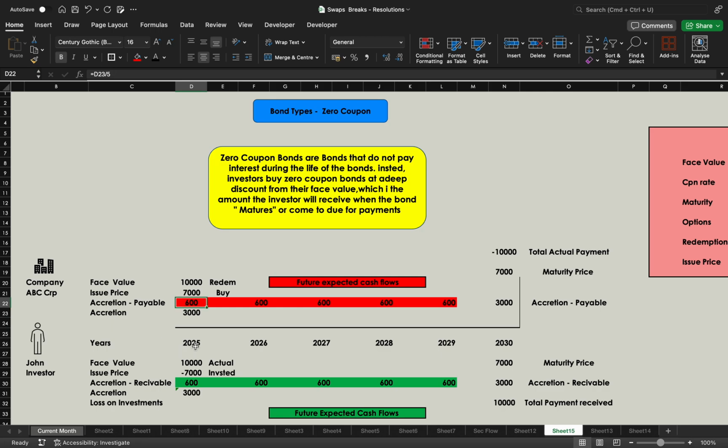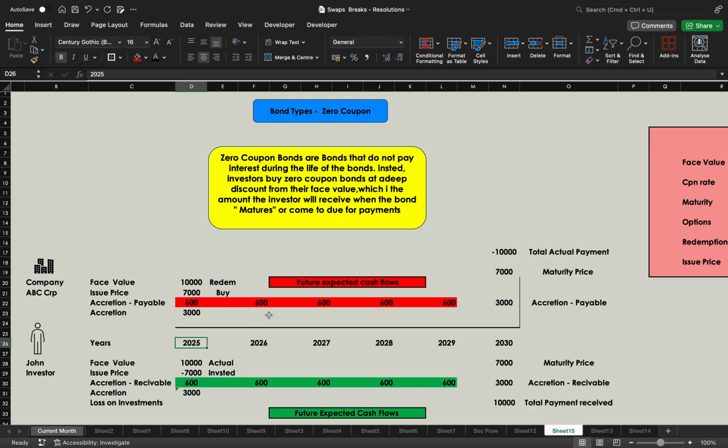Here we are assuming the bond issuance date is 2025 and it will mature in 2030. You can calculate the spread in other ways as well, but we keep it to 5 years only, so we have prepared a schedule for 5 years.